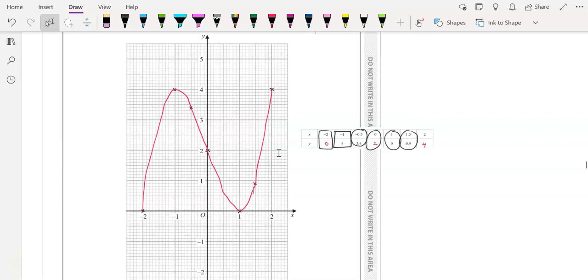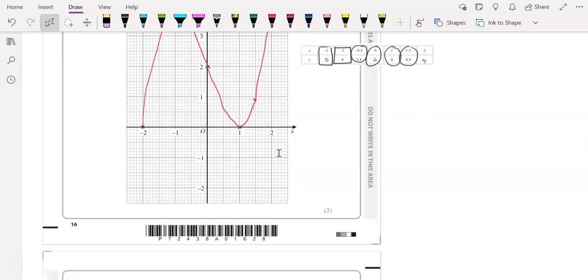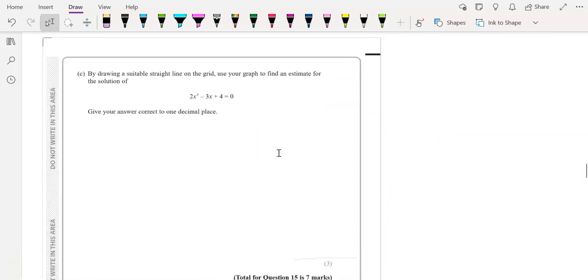Now moving to the next part of the question. By drawing a suitable straight line on the grid, use your graph to find an estimate for the solution of this equation.